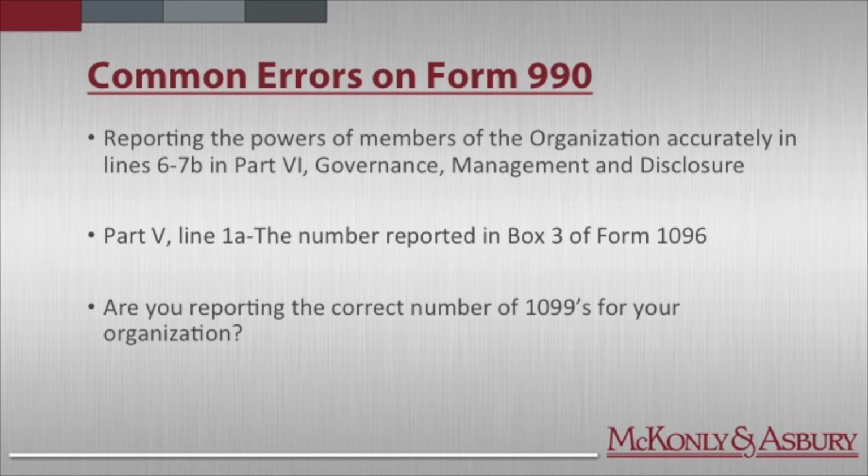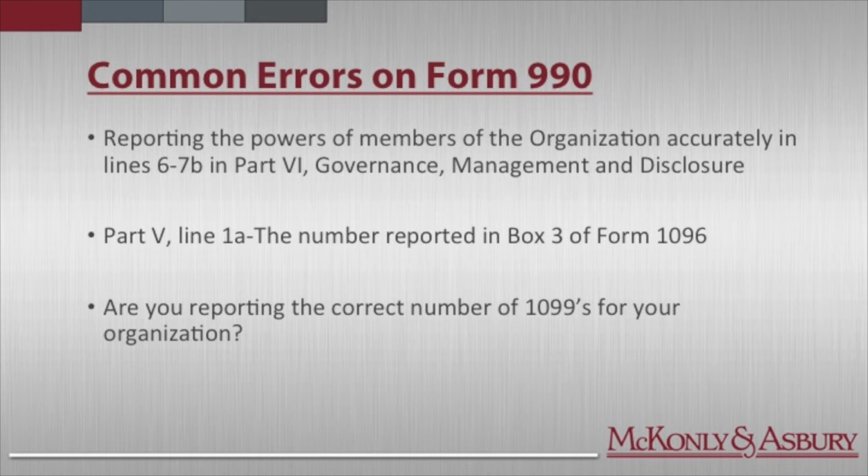It's very important that you report those powers in terms of answering the questions of lines 6 to 7b in Part 6 of the 990. So again, this is a helpful reminder regarding reporting your governance, and those questions ask things such as, do members have the ability to make significant decisions? Do they have voting membership, etc.? So getting your governance reported correctly on your 990 is a key thing, and it can be a little bit complicated. So keep that in mind.